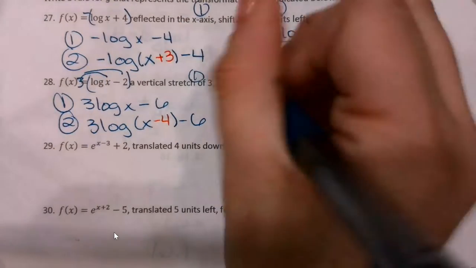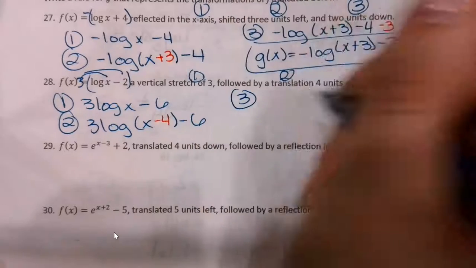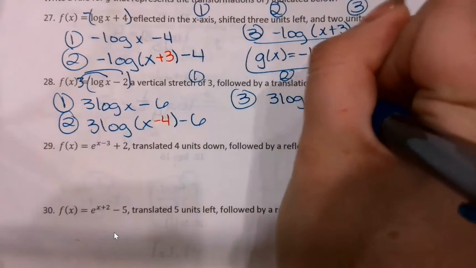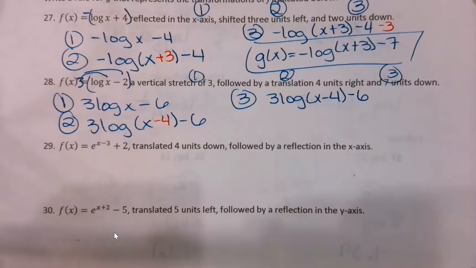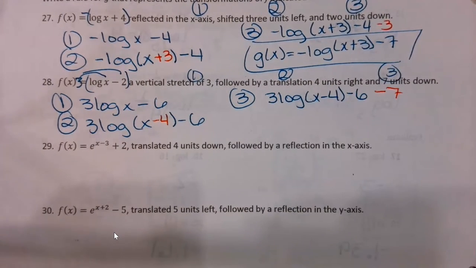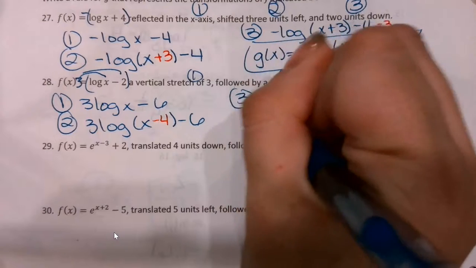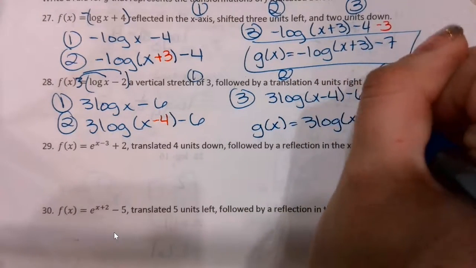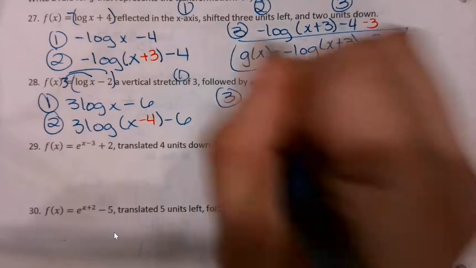Then my last step is to go 7 units down. Then I just want to rewrite it as g of x and combine like terms. So I have 3 log of x minus 4, minus 13.